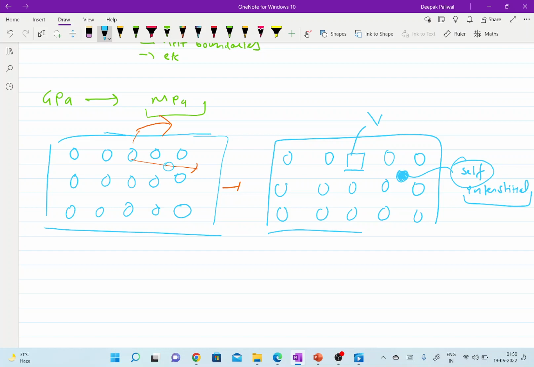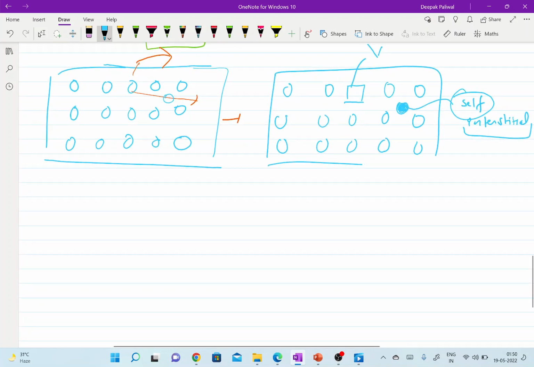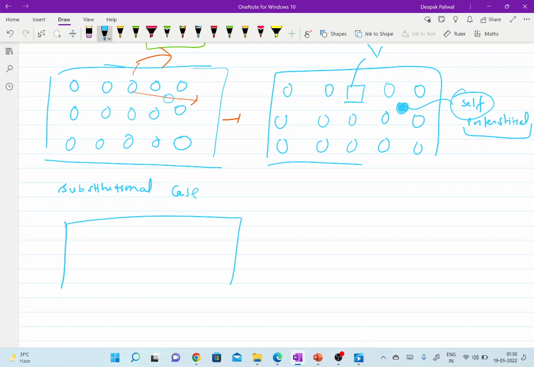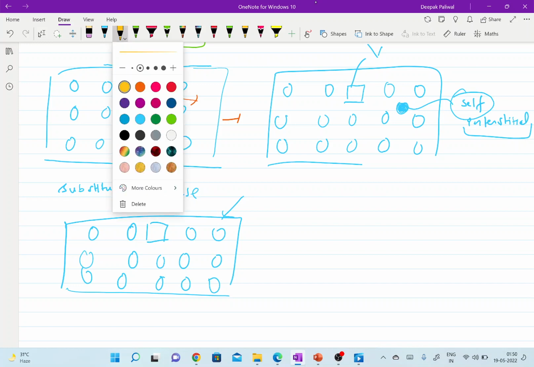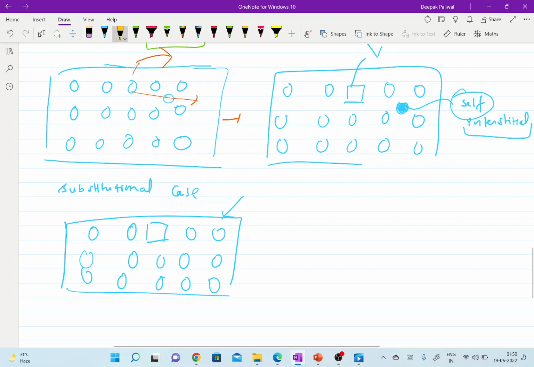Now if we talk about the substitutional case, again I am taking an example. This is our material, which consists of a number of atoms. We have a vacancy here, and suppose there is addition of atoms, like what we do in alloying. In that case we have formation of a solid solution. Suppose we did alloying, so our atom gets placed here.